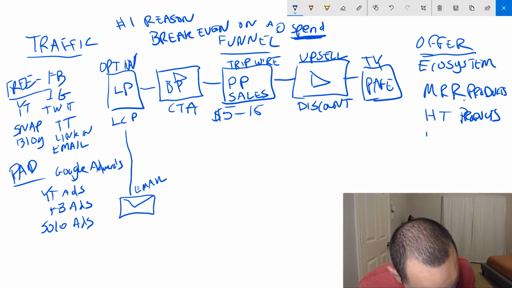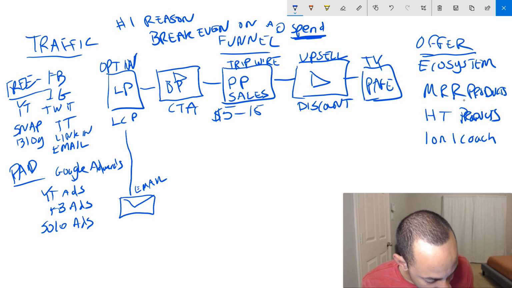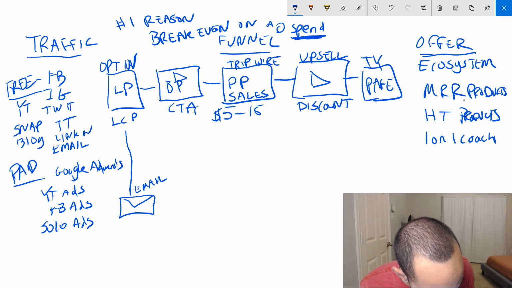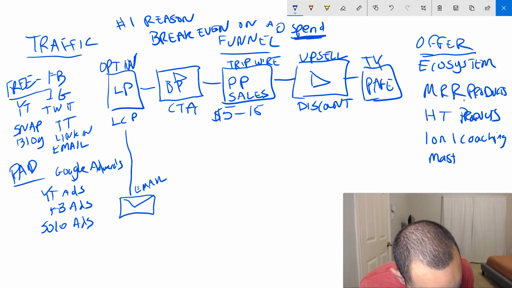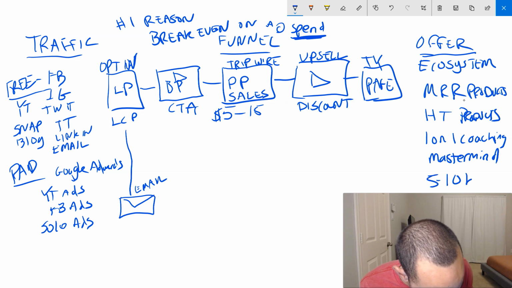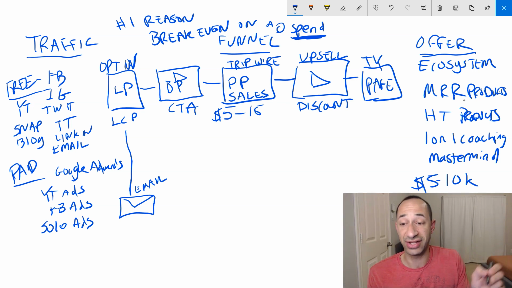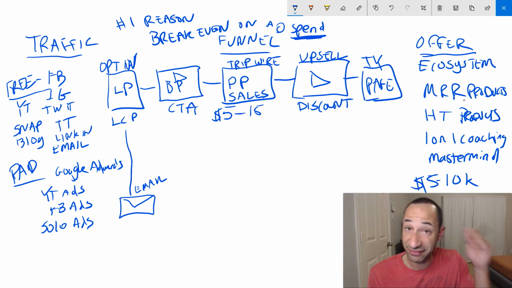Also, they might have one-on-one coaching, and then they might do a mastermind once or twice a year, which is real high ticket, right? It's usually $5,000 to $10,000 or more, and depending on the commission structure, you may be getting 50% of that, right?